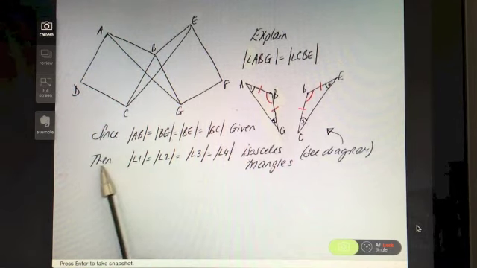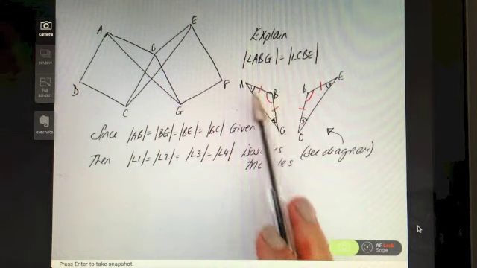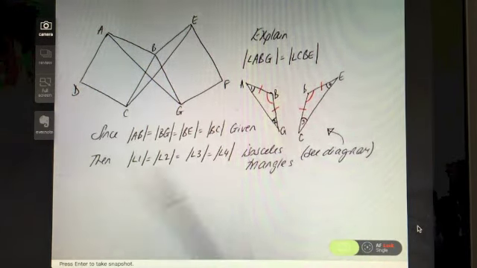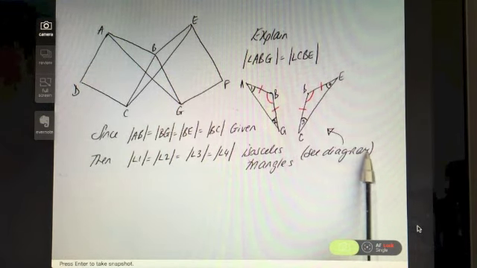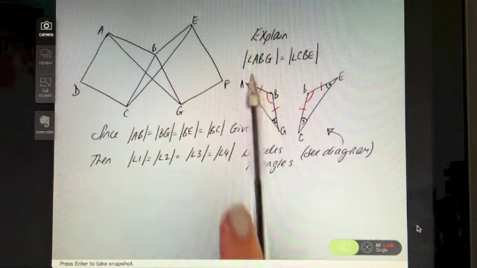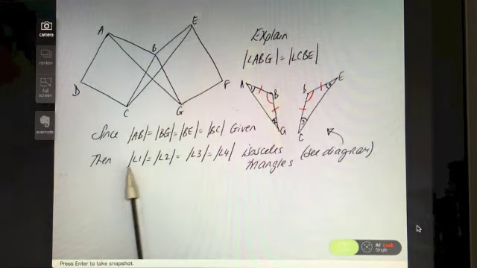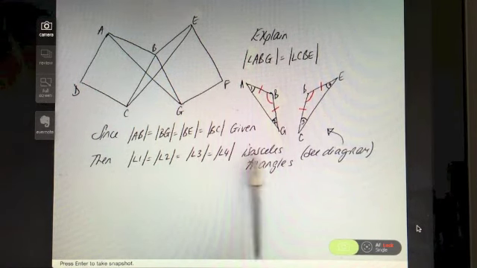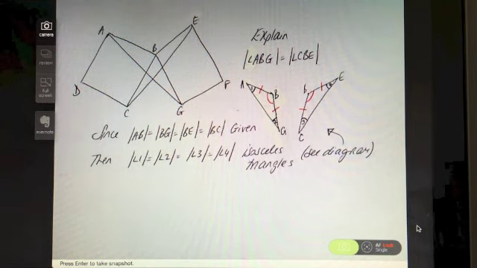And now, rather than list them all out, angle BAG, angle AGB, because that can be quite laborious, I've drawn my own diagram. I've said see diagram. I've labelled the angles 1, 2, 3, 4, and I say that angle 1 has got to be equal to angle 2 and equal to angle 3 and equal to angle 4, because they are isosceles triangles. So it's just a nice clear way.